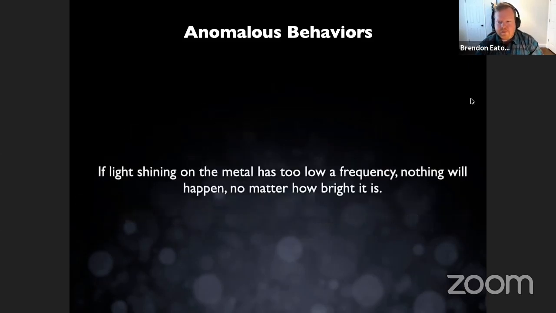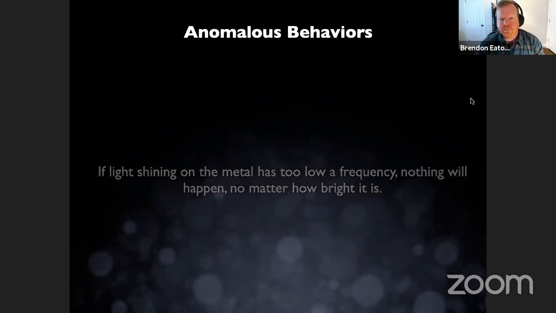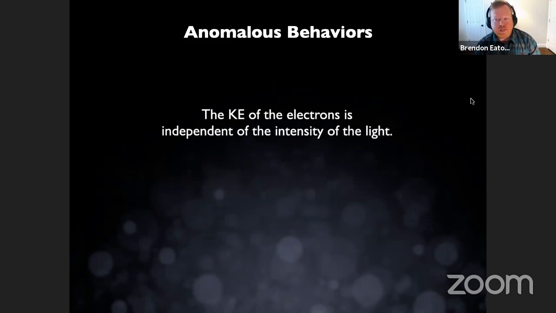So to continue summarizing on this, if light is shining on the metal and it has too low of a frequency, nothing happens, no matter how bright or how many photons are striking the surface of the metal. So the kinetic energy of the electrons is completely independent of the intensity of the light.